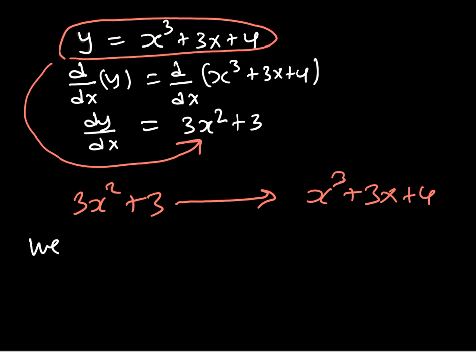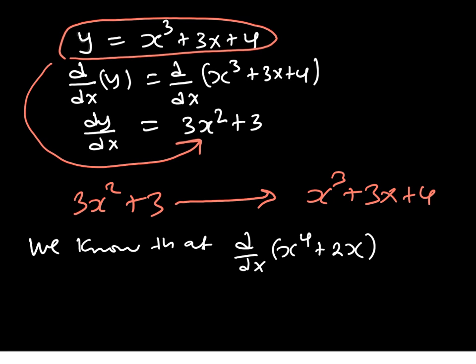We know that when you differentiate x to the power 4 plus 2x, you end up with 4x cubed plus 2.